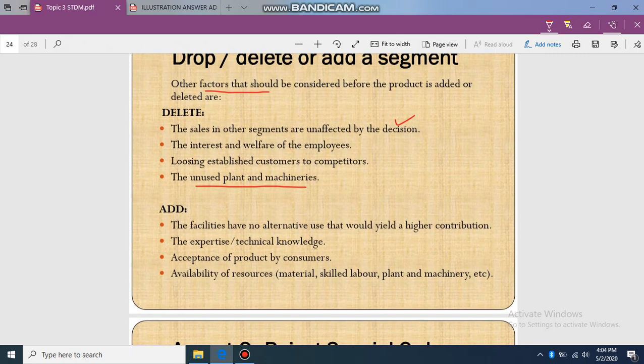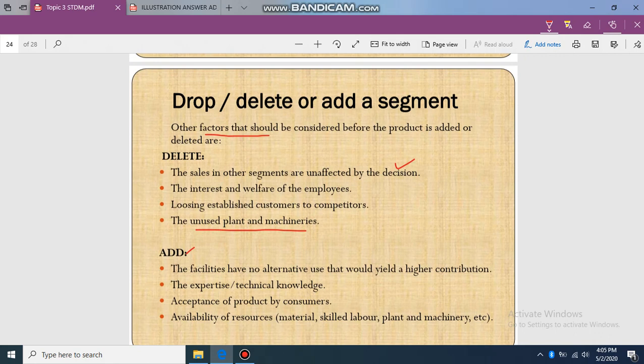If you decide to add, which means to introduce a new product, you have to consider the facilities that you have, whether these facilities can be used to produce the new product or to produce existing products.